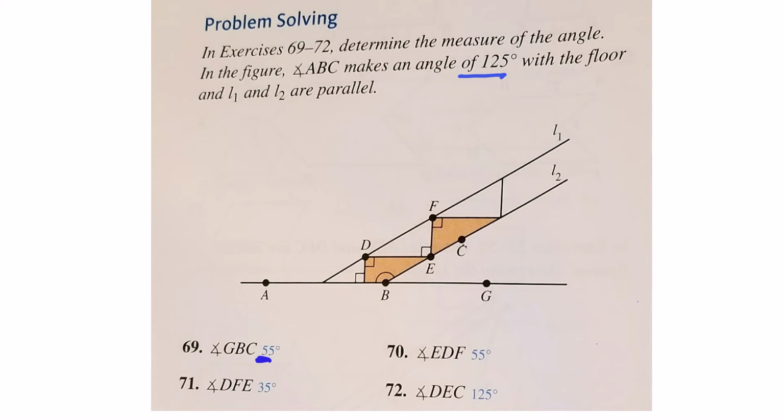So if this is 55, if I extend this line out, these are going to be parallel. Let me go ahead and draw it out here. I'm just going to extend these out a little bit, because since these are 90-degree angles, they're going to be parallel to each other.